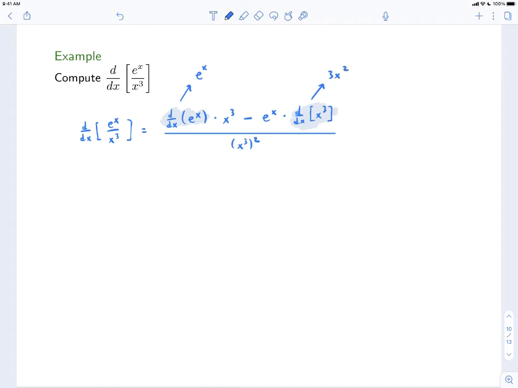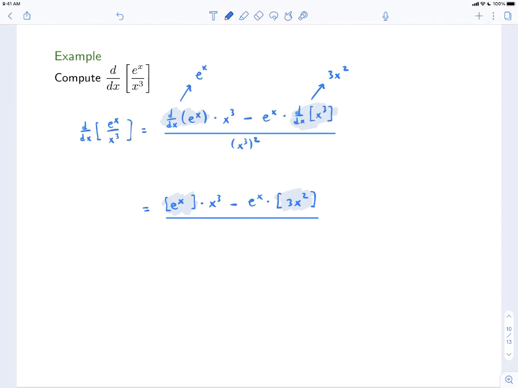So that tells us that this derivative is e to the x times x cubed minus e to the x times 3x squared. So just so we're clear, this e to the x is the derivative of the top, and this 3x squared is the derivative of the bottom. And then we divide all of this by the bottom squared, x cubed raised to the 2.